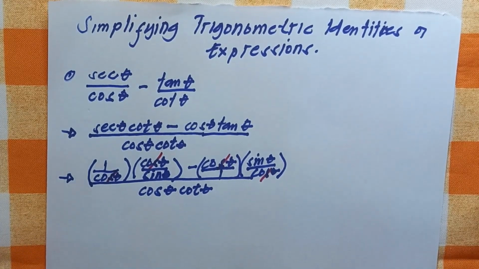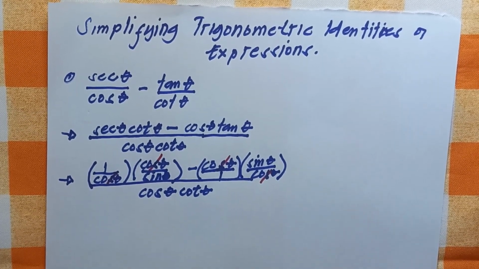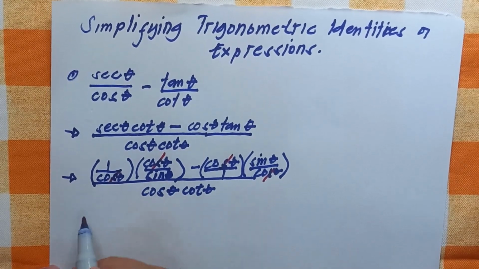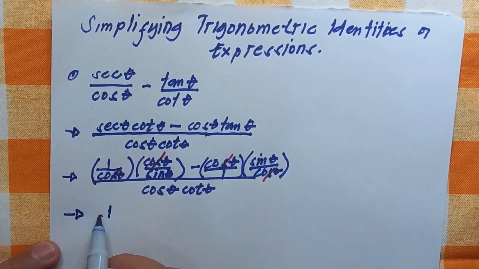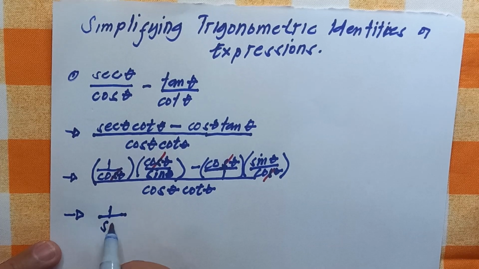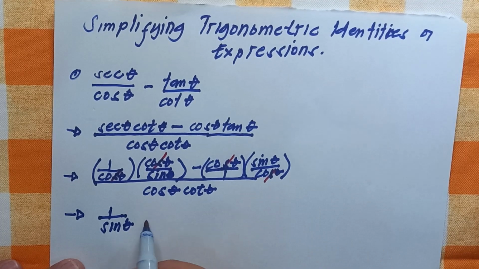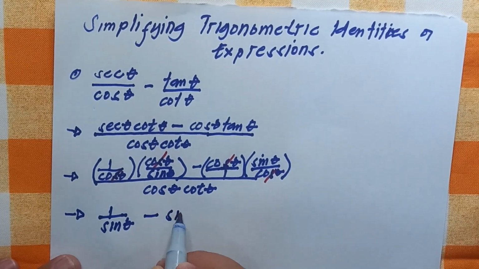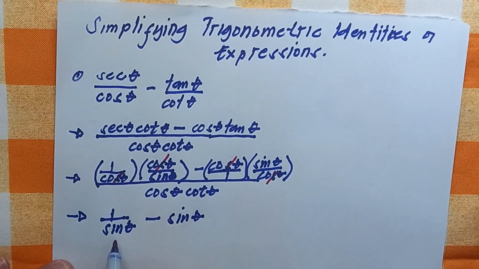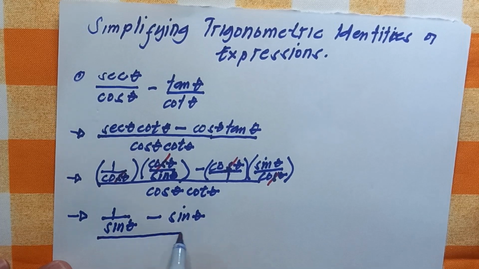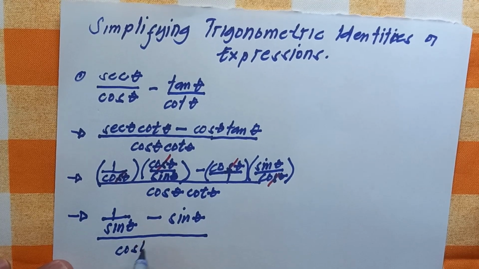So what is left now is 1 over sine theta. How about here? That is the same as minus sine theta over 1. Of course we have a denominator in here, which is cosine theta.